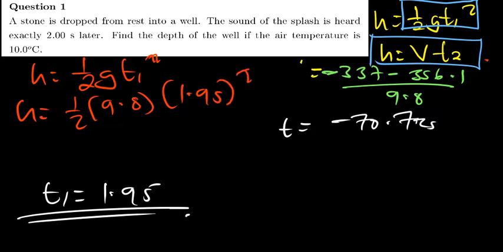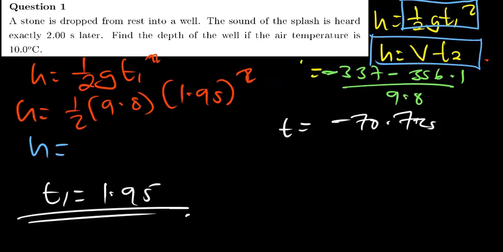Now I square it. So my height of the well is going to be 0.5, which is 1 over 2, times 9.8 times 1.95 squared.